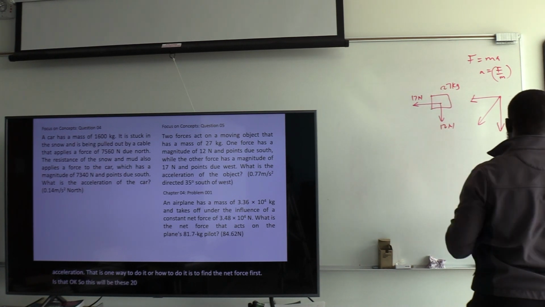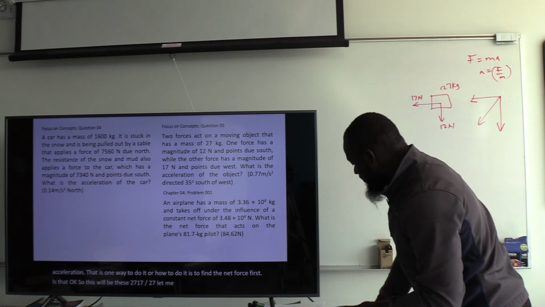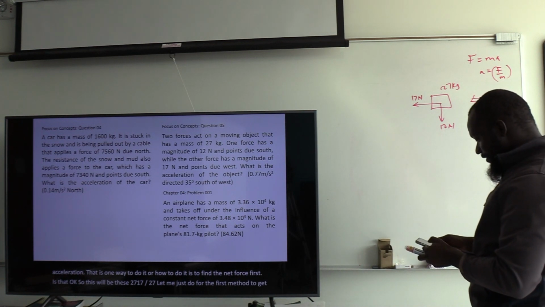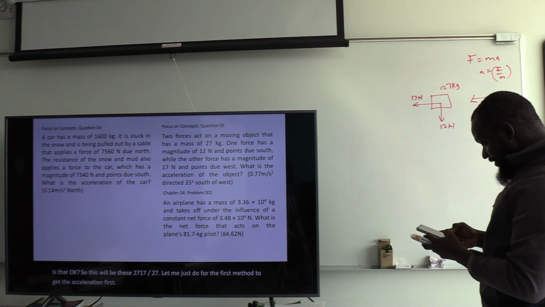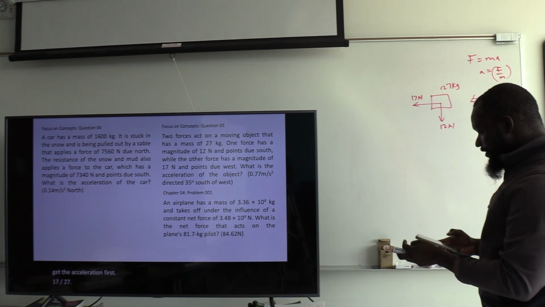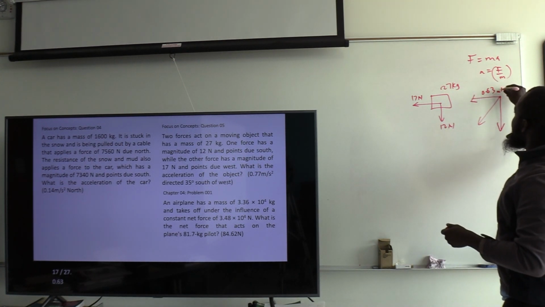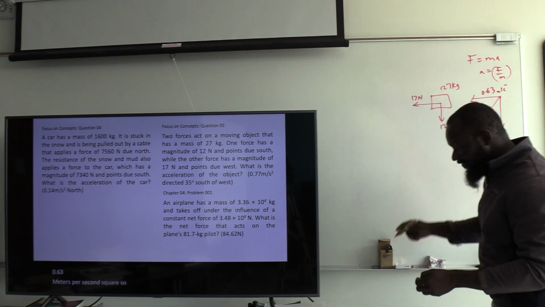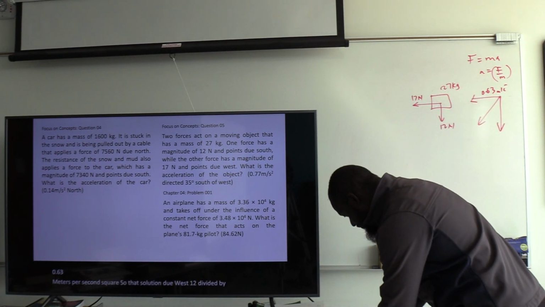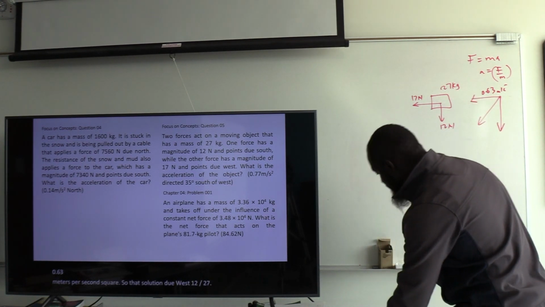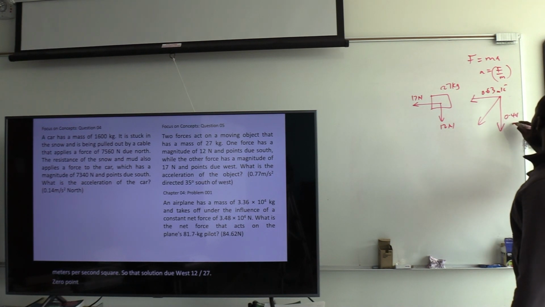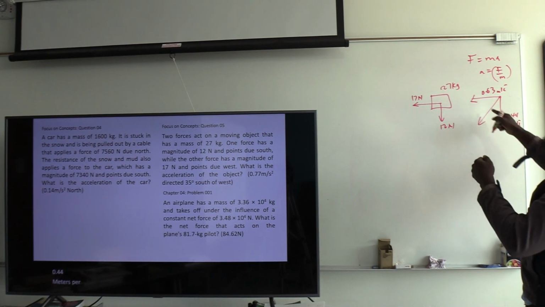Let me just do the first method to get the acceleration first. 17 divided by 27 is 0.63 meters per second square. So that's the acceleration due west. 12 divided by 27 is 0.44 meters per second square. That's the acceleration due south. So I get the net.